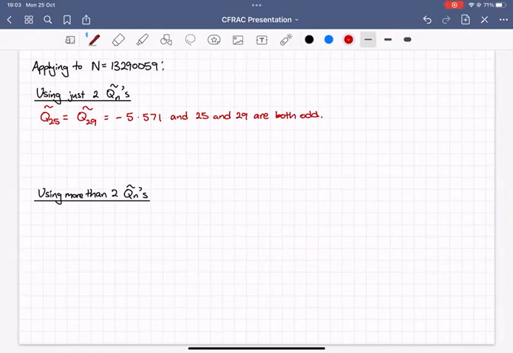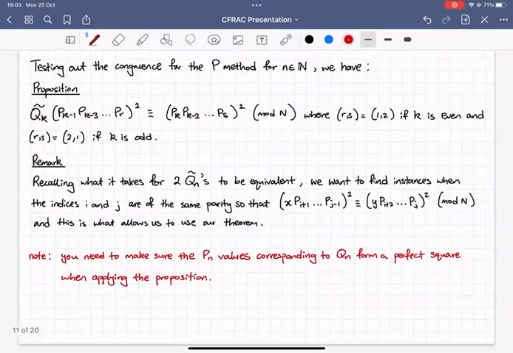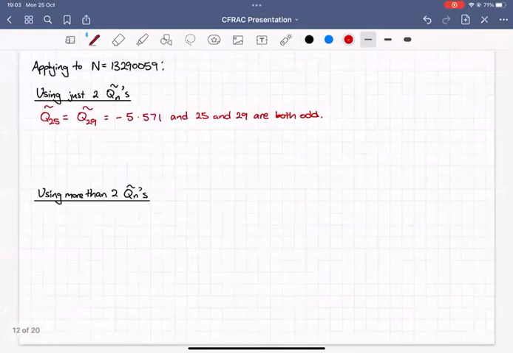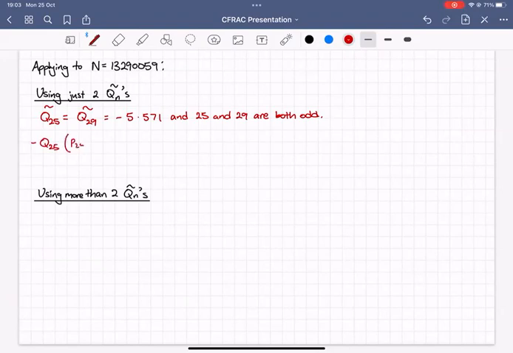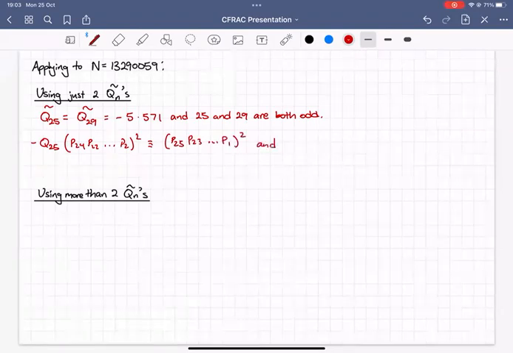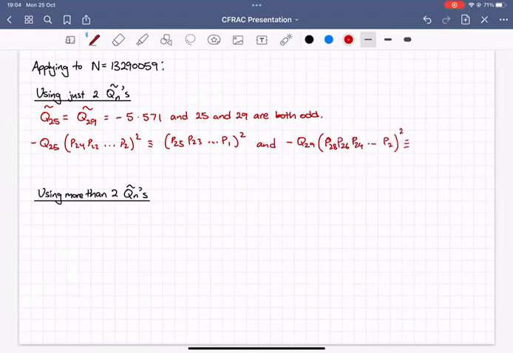And so by our remark, we have minus Q25, P24, P22, P2 squared is congruent to P25, P23, P1 squared. I won't write mod n. And minus P28, P26, P24. So notice that P24 to P2 is also here with extra terms.